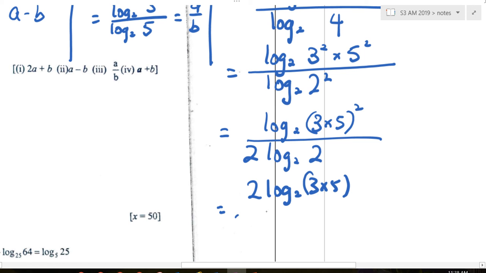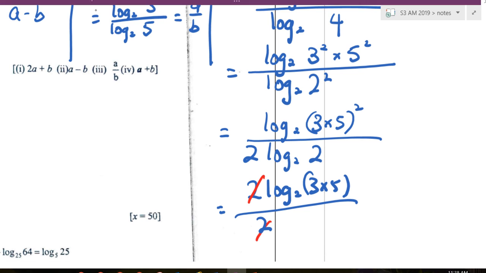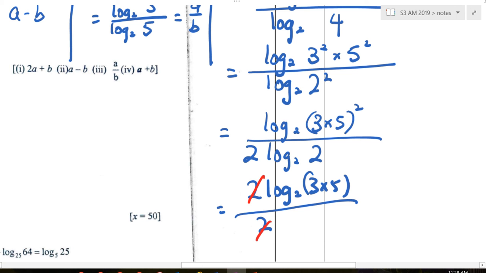That means I'm left with no denominator. Is that okay? That's not the final answer because I want it in terms of A and B, right? So when two things multiply together, can I split? Split to become what? Log base 2 of 3 plus log base 2 of 5. And the answer is A plus B.